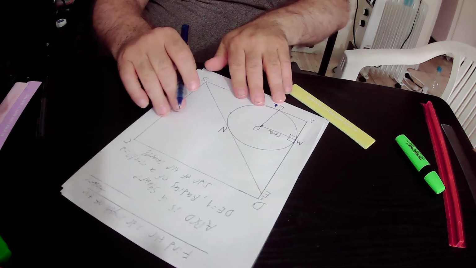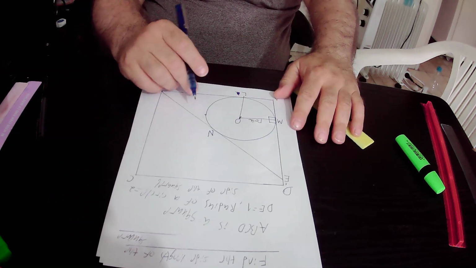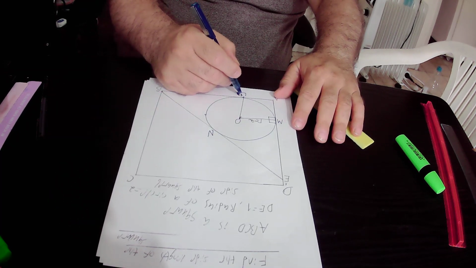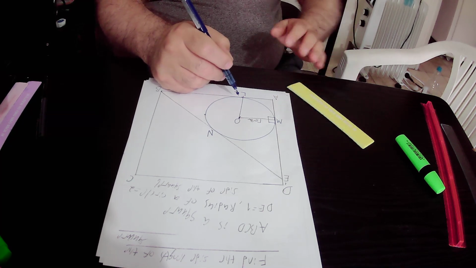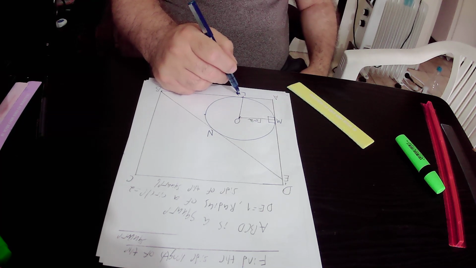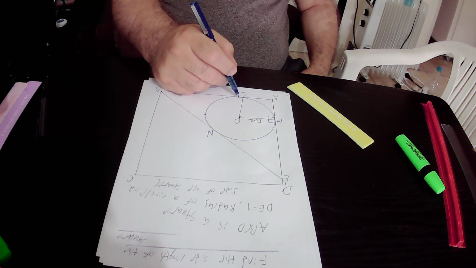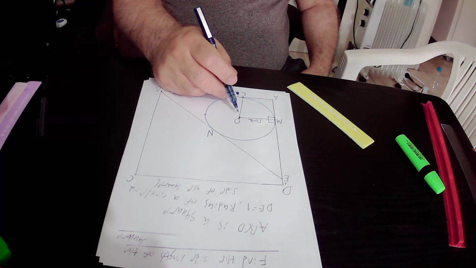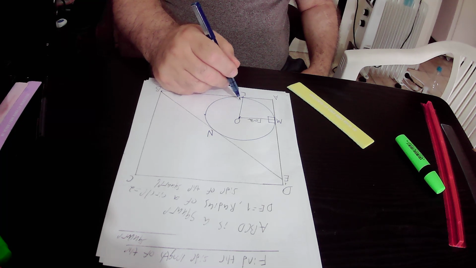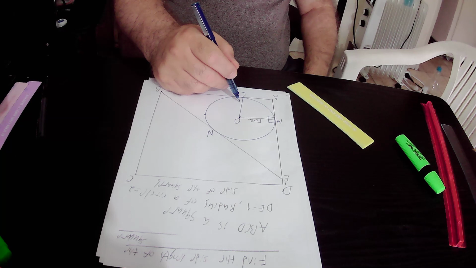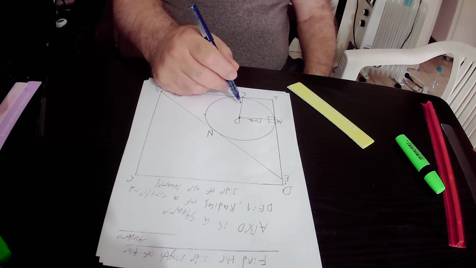Here we know that line segment OL is the radius of this circle because it starts from point O, the center of the circle, and ends at point L, a point on the circle itself. This is the definition of a radius. So OL is the radius of this circle that is equal to 2 units.